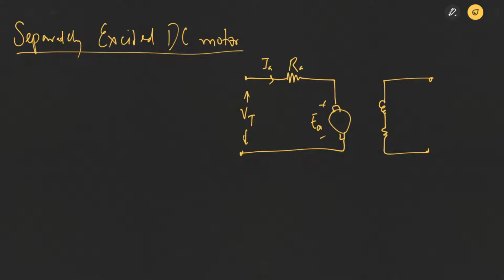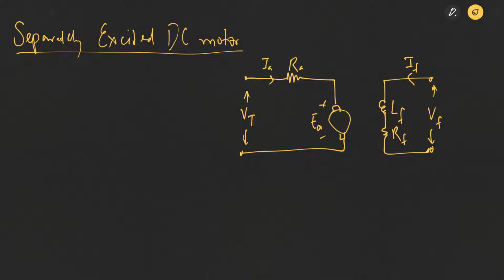And the field circuitry will be separate, and current IF will be flowing through the circuit. So this is your separately excited DC motor. The main thing here is that your field circuit and the armature circuit are separated from each other.